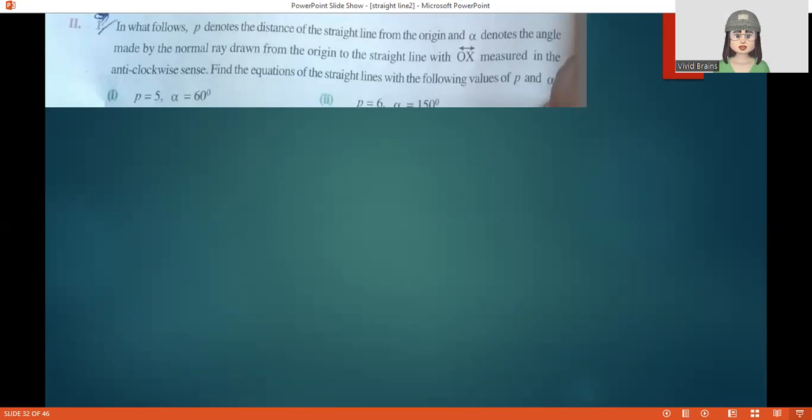So here P and alpha both are given. Now we are going to write the equation. Let us take the first one: P is equal to 5 and alpha is equal to 60.